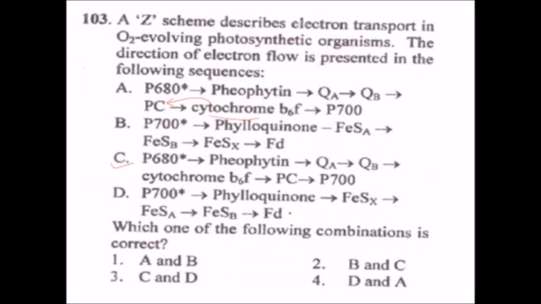If it were cyclic, then from ferredoxin it would be passed toward the cytochrome b6f complex, and then it would recycle to pigment system 1. But here it is the Z scheme, or non-cyclic phosphorylation. So the electron is first transferred from pigment system 2, and then finally reaches pigment system 1, where it gets reduced with the help of NADPH. So C and D are right statements, and the answer will be number 3.